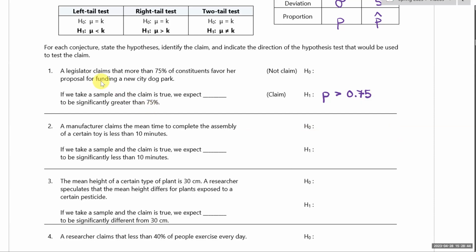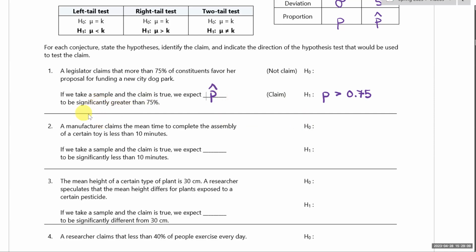All right, so if we were to take a sample and this claim was true, then we would expect our sample proportion to be significantly bigger than this. So if she says that the proportion is bigger, my sample proportion when she collects her data, so there's your p hat, I expect p hat to be significantly greater.